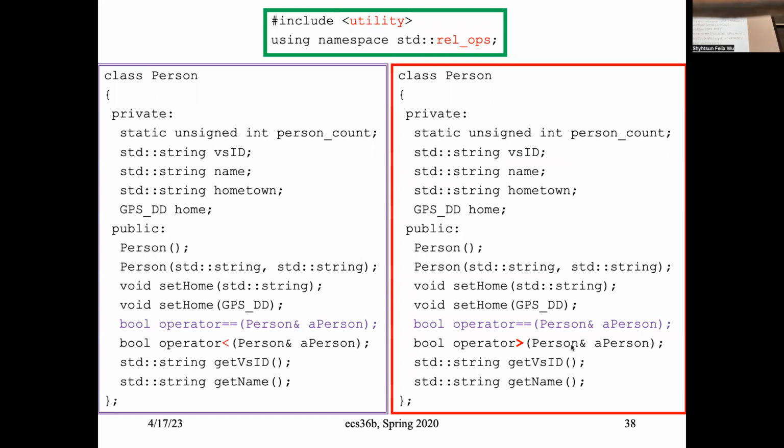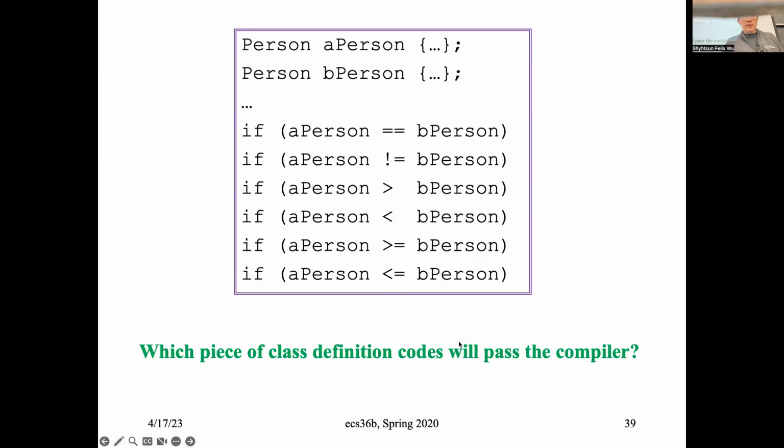Assuming you define those two relational operators, is that significant? So now I'm going to write the code that looks like this. I'm writing this piece of code after you define the person object, like in the previous slide. In this piece of code, you can see that I use all 6 relational operators.